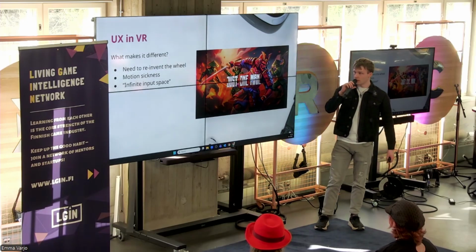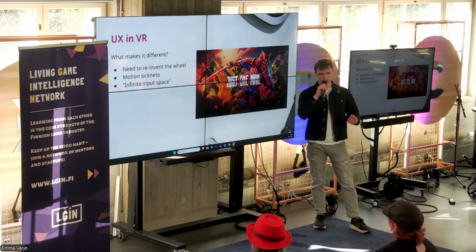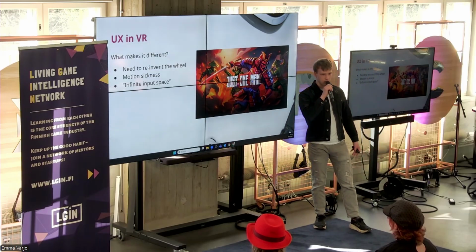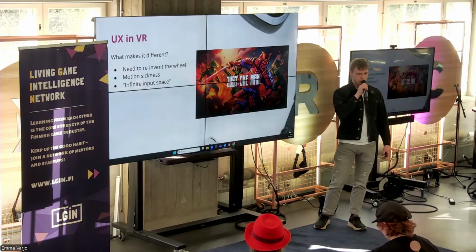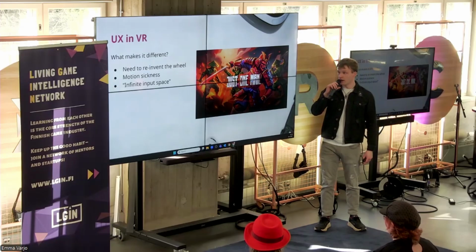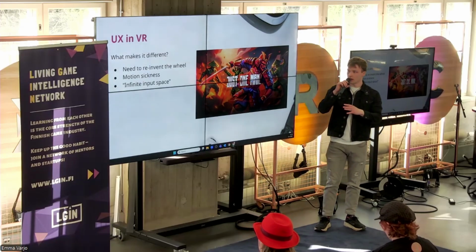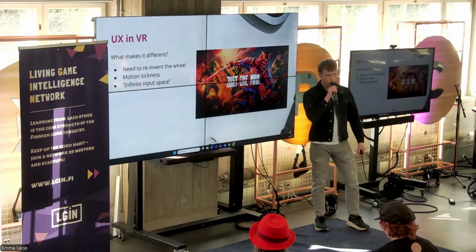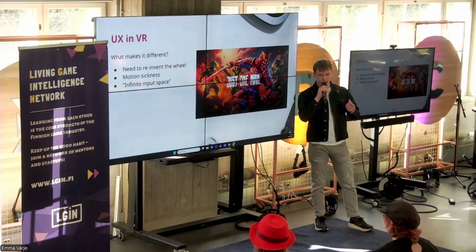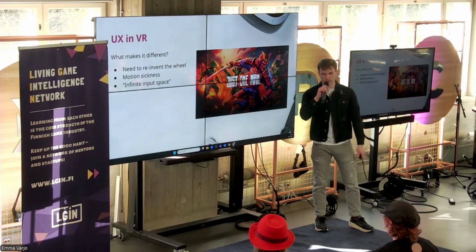Then another big thing is motion sickness. If you have a UI element in the wrong place, people start to vomit. So that's not good UX, I think. And then there's this thing I like to call the infinite input space. In a game, you press a button and your character does a move, like hits with a sword.